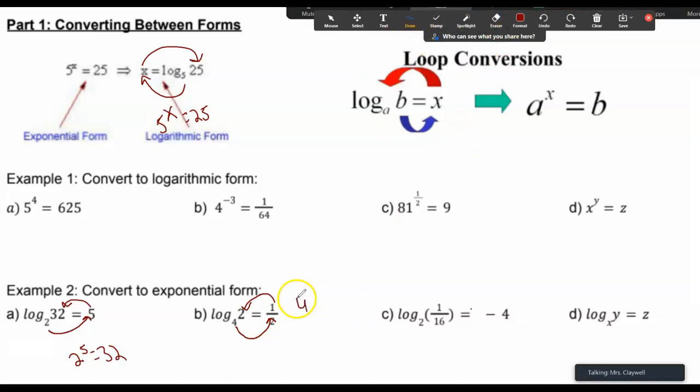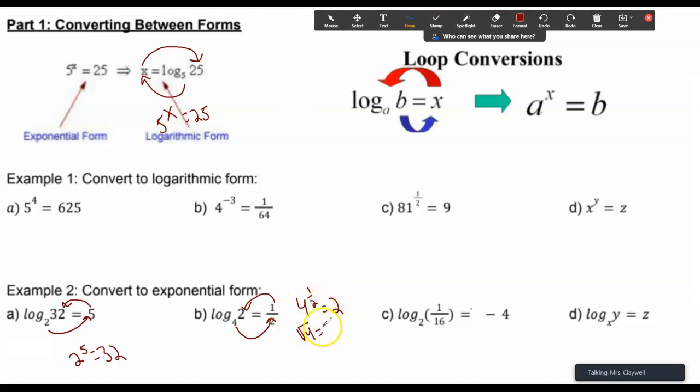If you want to see that, 4 to the 1/2 equals 2 is like saying the square root of 4 equals 2. 2 equals 2. Here you're saying 2 to the negative 4 equals 1 over 16. 1 over 2 to the fourth equals 1 over 16.